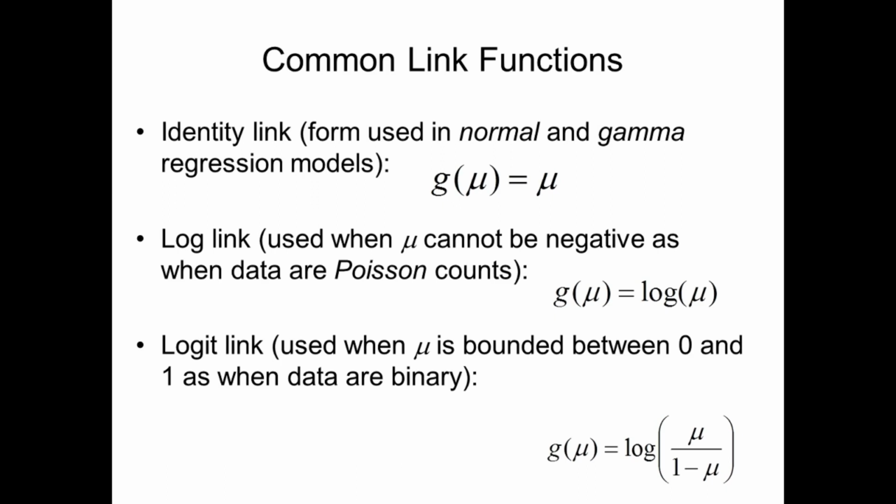We have the identity link, which is used in normal and gamma regression models. So we don't need to transform our target in order to have a linear estimation.